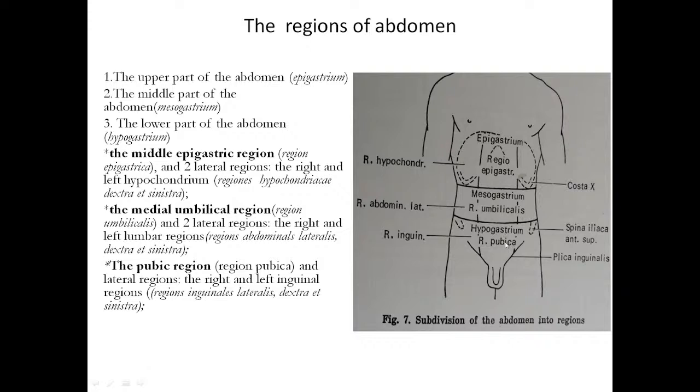Finally, the hypogastrium is divided into the pubic region, regio pubica, and two lateral regions, right and left, dextra and sinistra, the inguinal regions, regio inguinalis dextra and regio inguinalis sinistra.